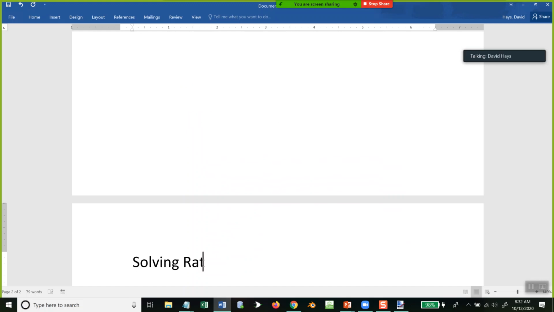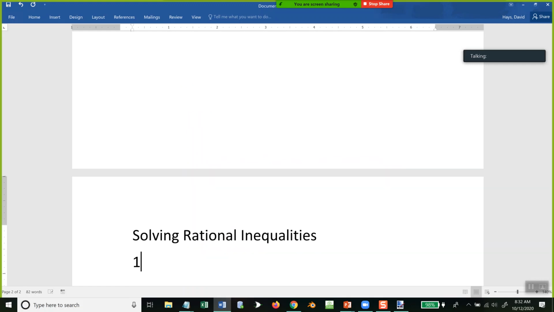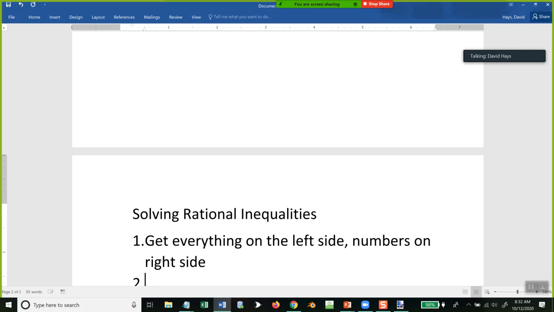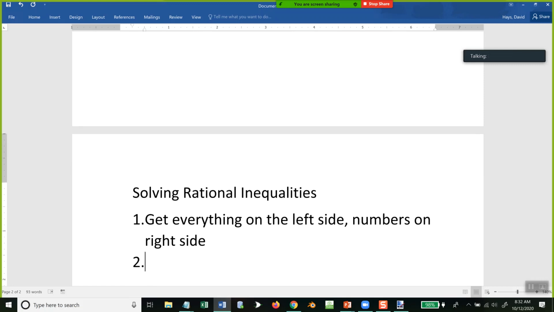So solving rational inequalities. Step 1, get everything on the left side, numbers on the right side.